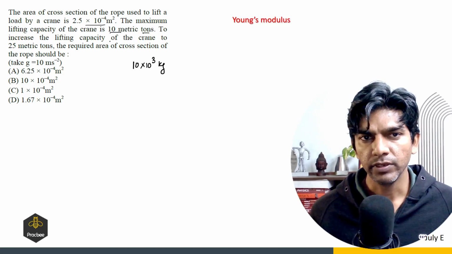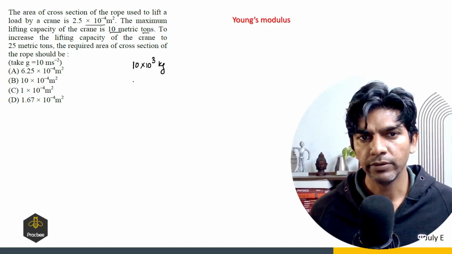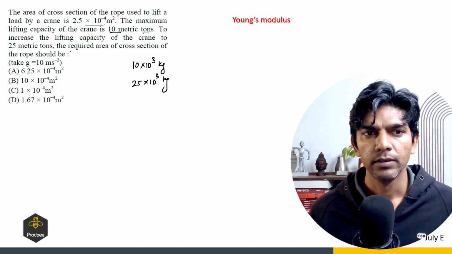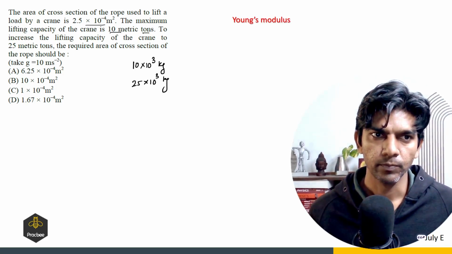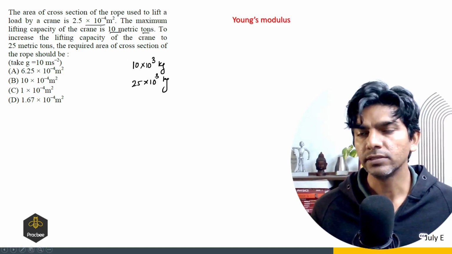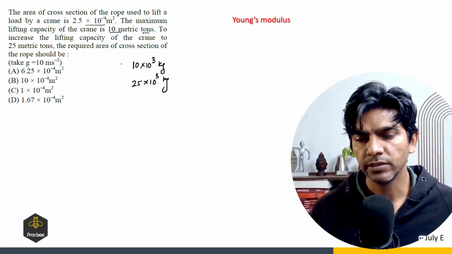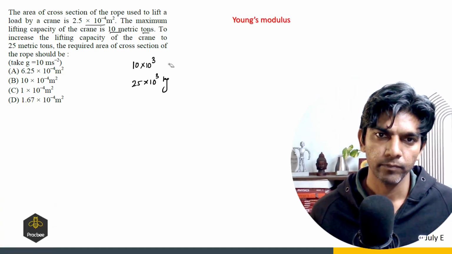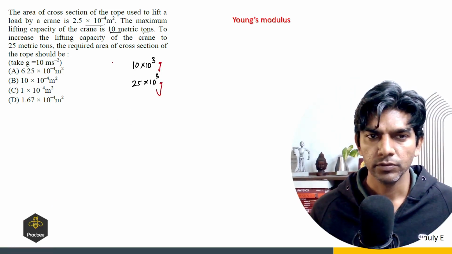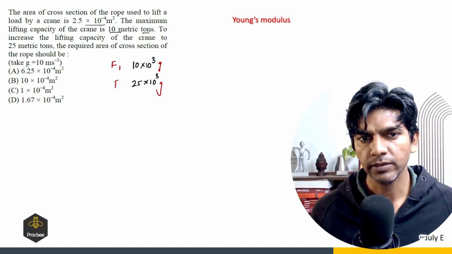To increase the lifting capacity of the crane to 25 metric tons, so we want to lift 25 × 10^3 kilograms. The required area of cross section of the rope will be, so we want to increase the lifting capacity, so if I multiply this with g, you can say this will be F1 and this will be F2, right?